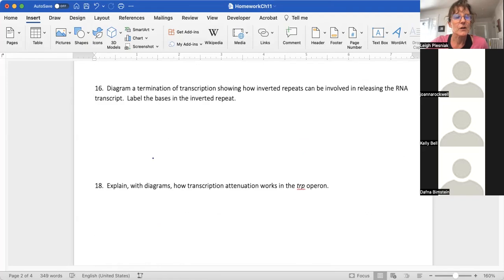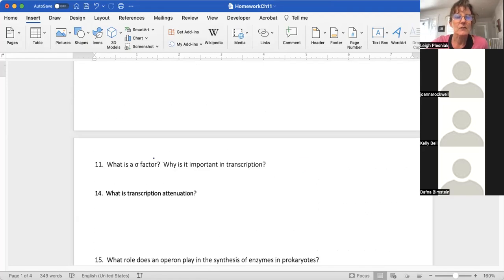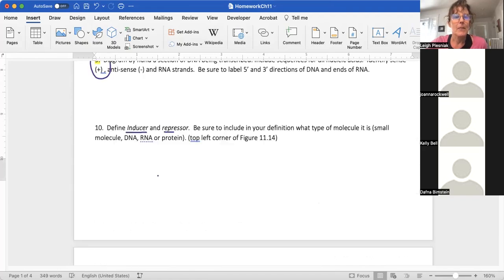Yeah, so this stuff we'll get to. Actually this homework doesn't look terribly long, but I recommend trying to spend some time on it, just because you will get more familiar with the vocabulary, and then when we go over the trp operon, you'll be able to absorb more of the material in real time, because you won't be pausing on each word and trying to figure out what it means.